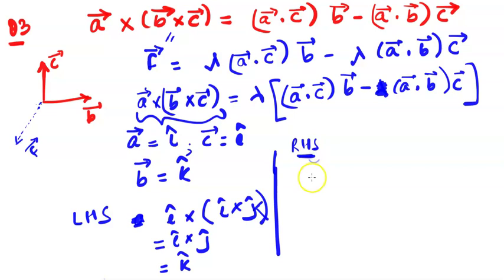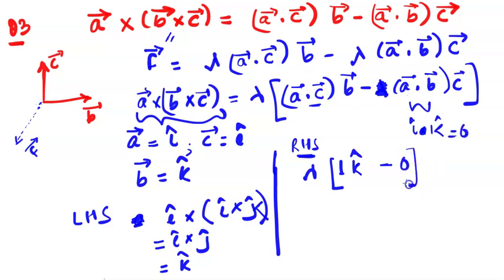RHS is equal to lambda. This value is I dot I into K cap. I dot I is 1, minus I dot K, which is equal to 0.